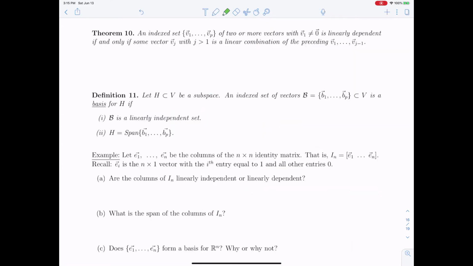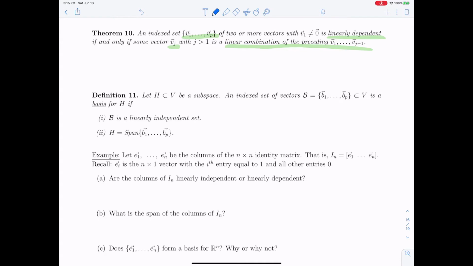Theorem 10 states that a set of vectors is linearly dependent if and only if one of the vectors is a linear combination of the other vectors. It's very similar to what we learned several weeks ago.